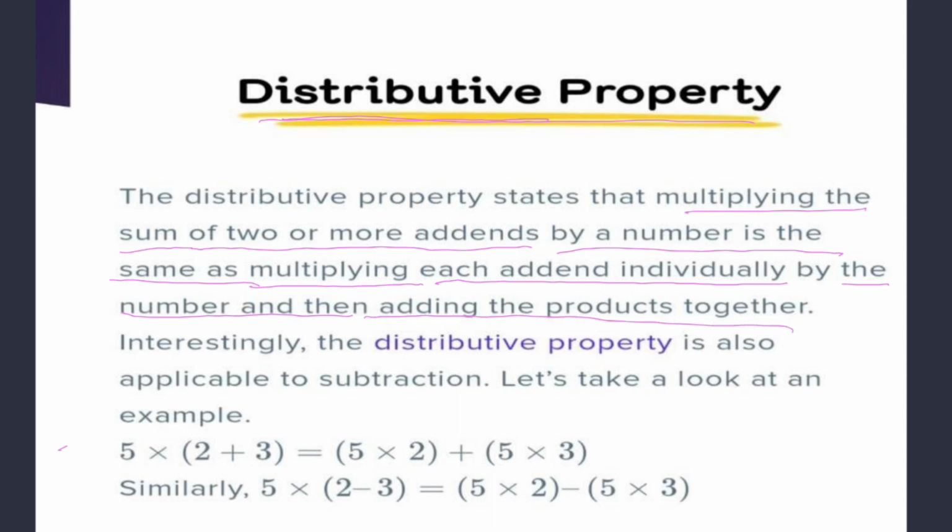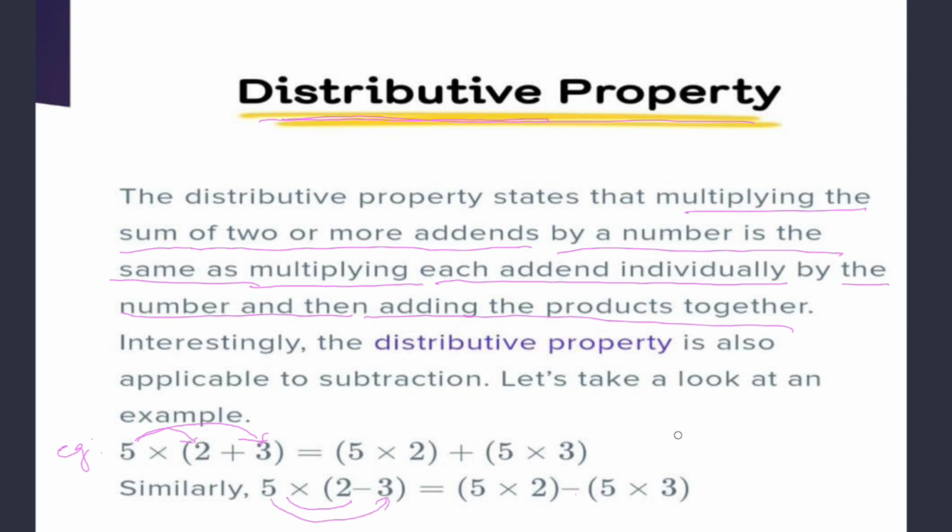Here we have an example: 5 into 2 plus 3. Here we can multiply each addend individually by the number. See, 5 into 2, then plus 5 into 3. Similarly, 5 into 2 minus 3 is equal to 5 into 2 minus 5 into 3.